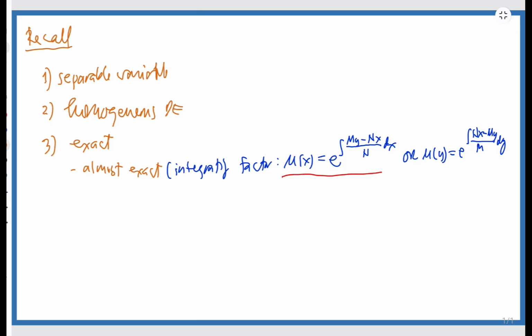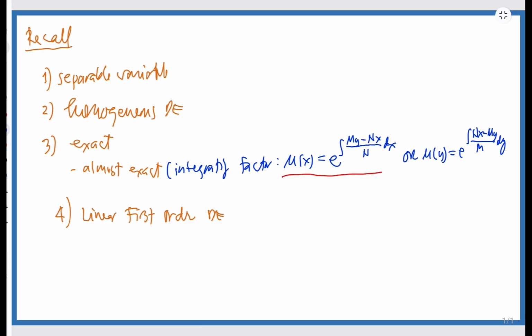And the fourth is the linear first order differential equation.